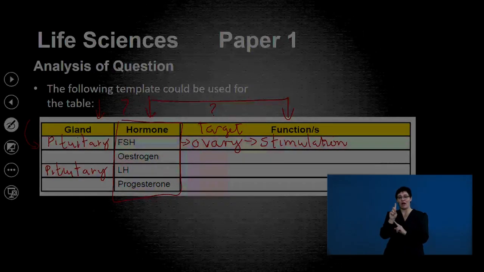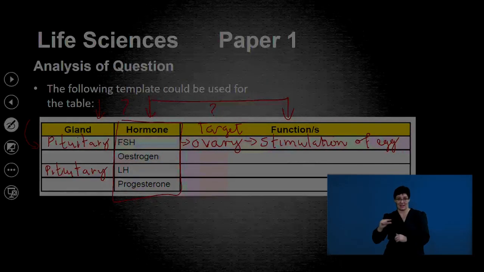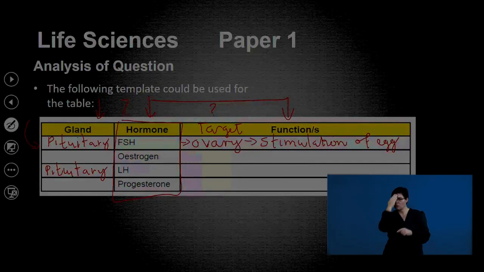So stimulation of an egg formation. We also know that the ovary produces estrogen, which is going to be released as a result of the follicle developing.